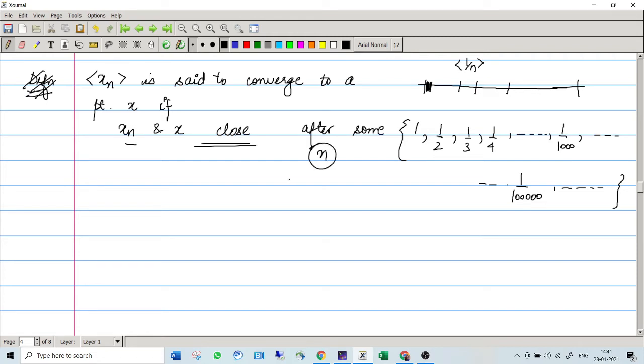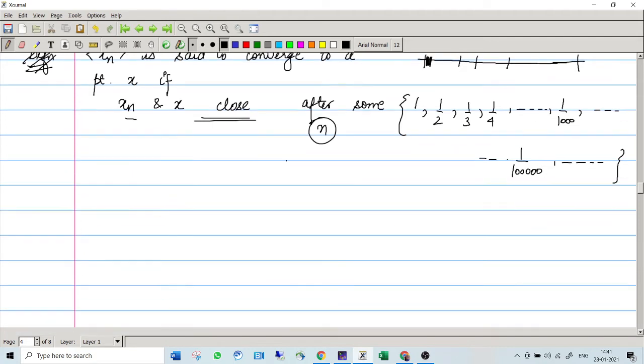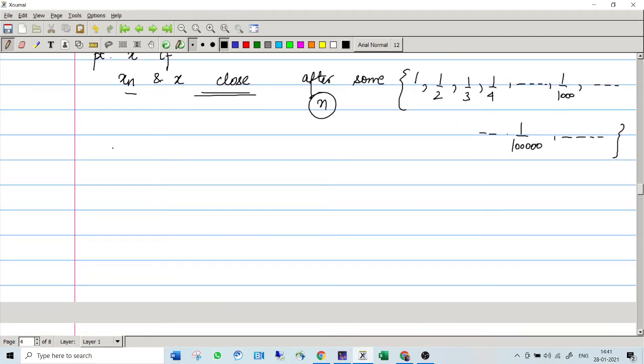So how do we define something which is very close to zero, or terms getting closer in a mathematical sense? We use some terminology called epsilon greater than zero. Whenever we want to convey that something is very minute, we try to make it less than every positive number.